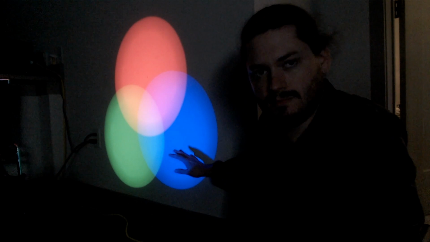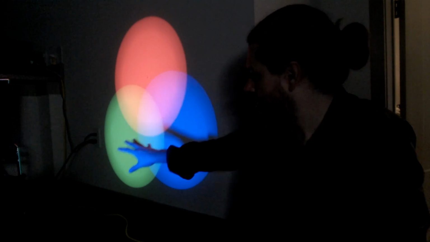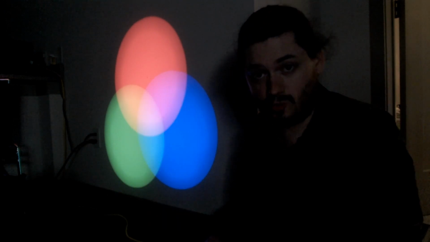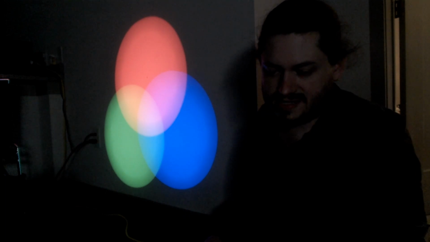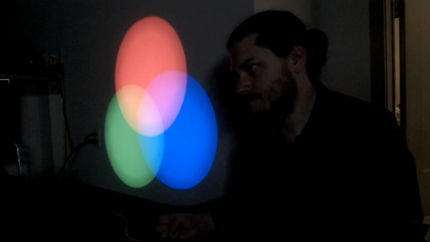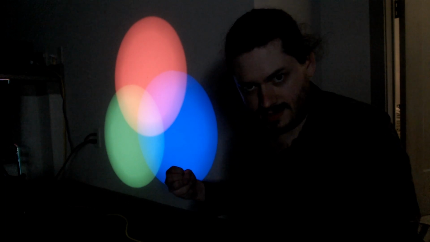A saturated blue plus a saturated red plus a saturated green is going to mix to white. And on a white surface, there's really no degradation in that white.